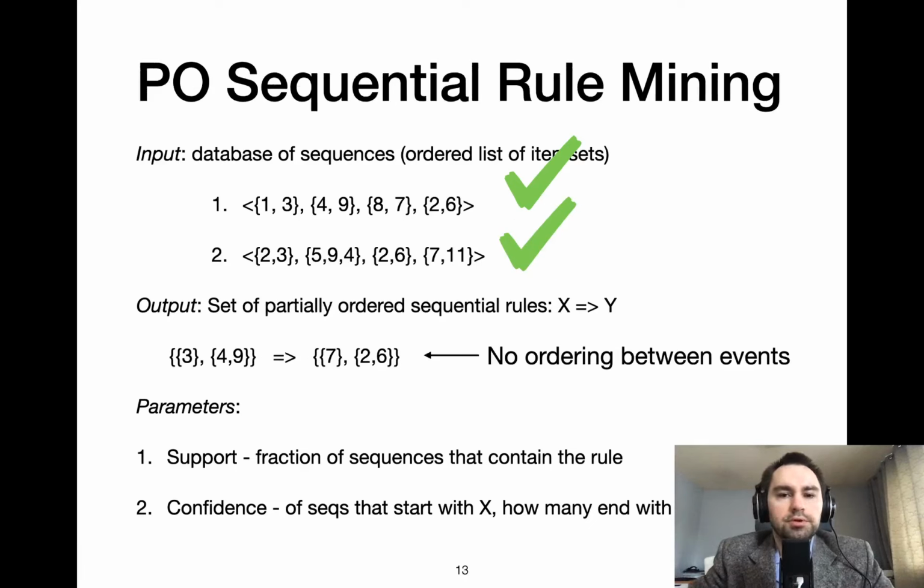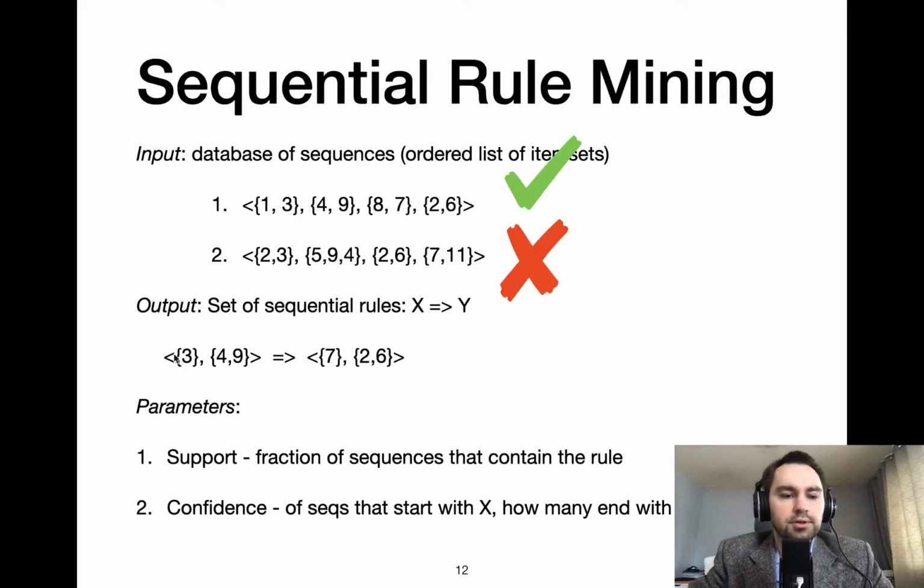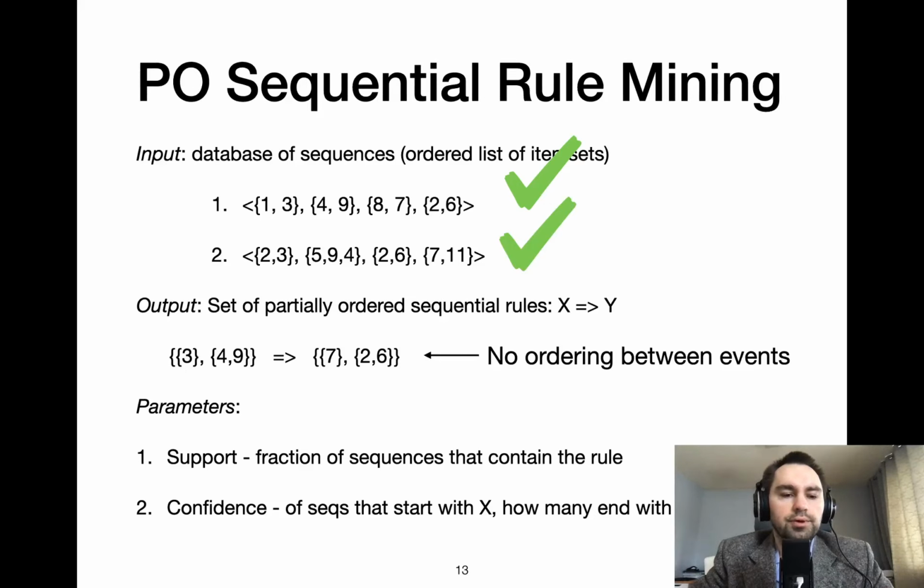Partially ordered sequential rule mining removes this restriction on the order of itemsets within a sequence. Before, we had angle brackets, but now we replace them with a set. So a set of itemsets 3, 4, 9 implies a set of itemsets 7, 2, 6.